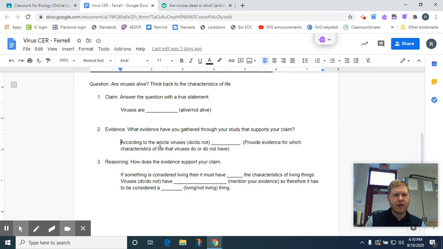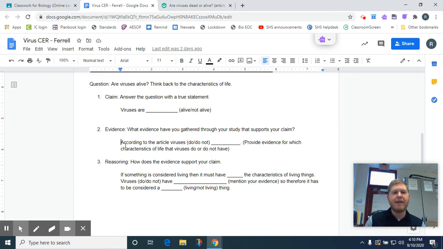It says, according to the article, viruses do or do not. I've left it open-ended so you can make the sentence however you want. If you want to say viruses do have, this is where you would put the characteristics. So viruses do evolve, or viruses do not have cells, whatever you think.